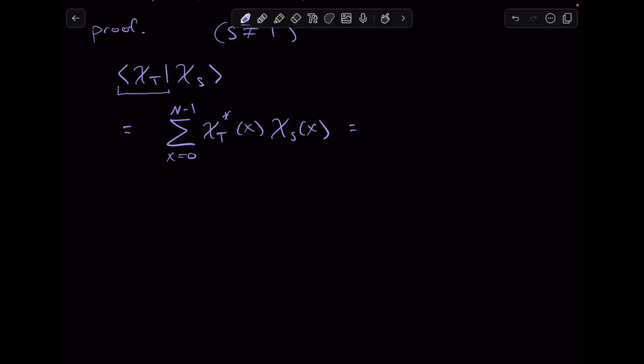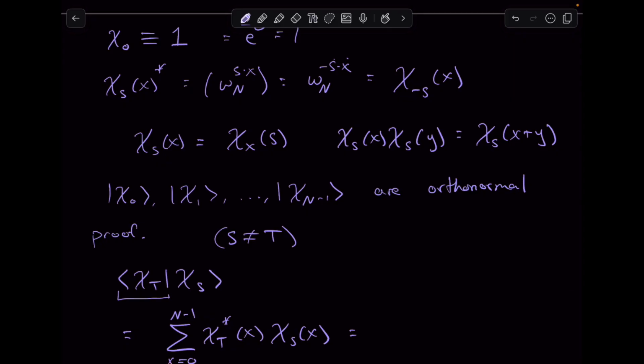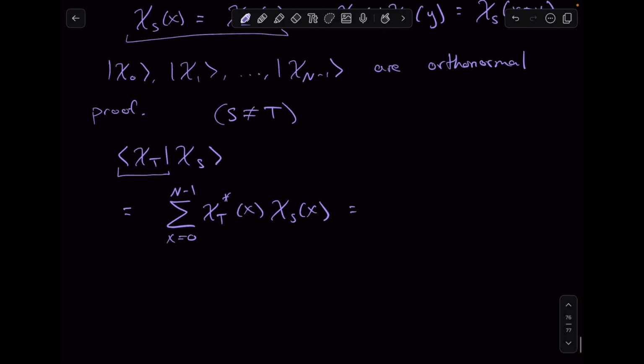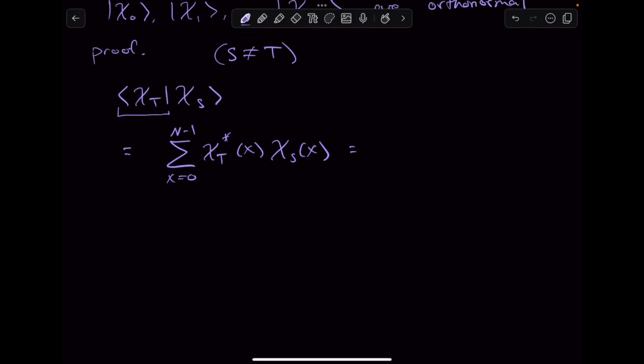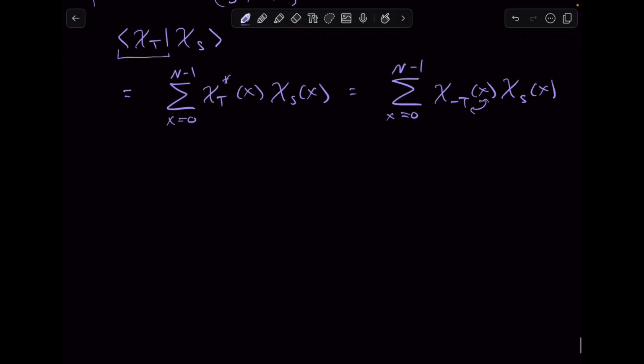Here we can use our properties up here, in particular this one and this one. Firstly, this is equal to the sum from x equals 0 to n minus 1 of chi of minus t, x, chi of s, x. And now we do the flip for x and t and x and s, and we get this.